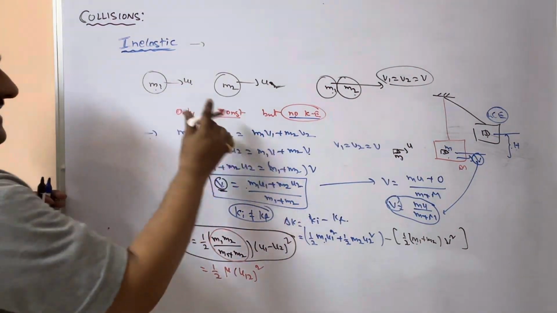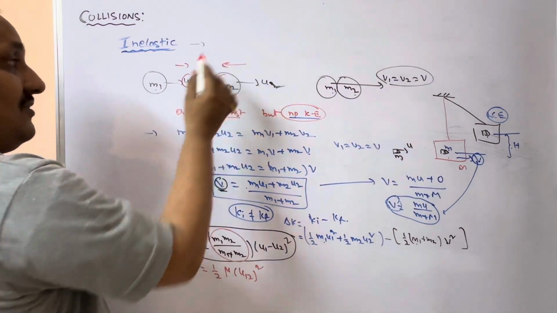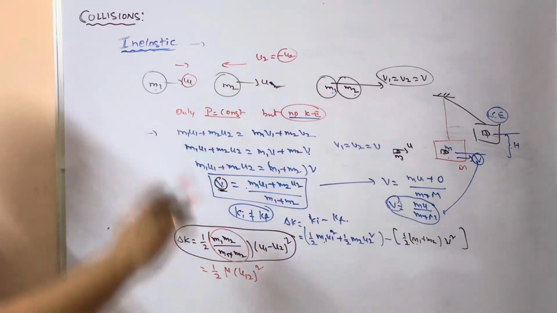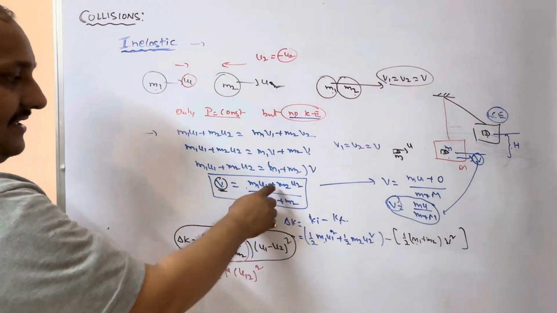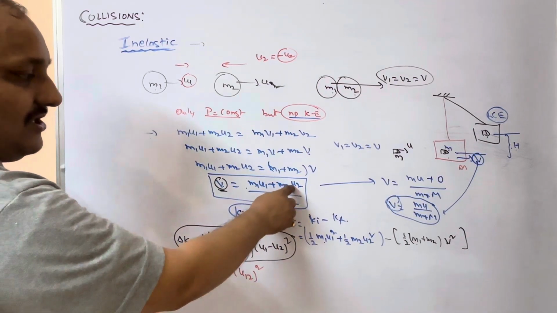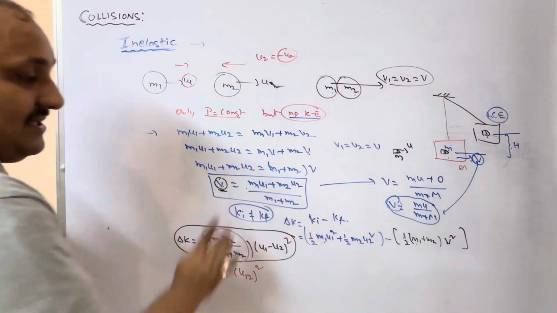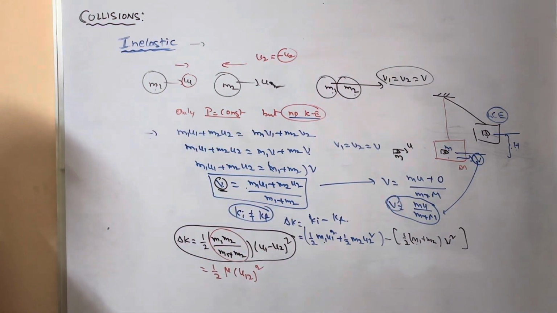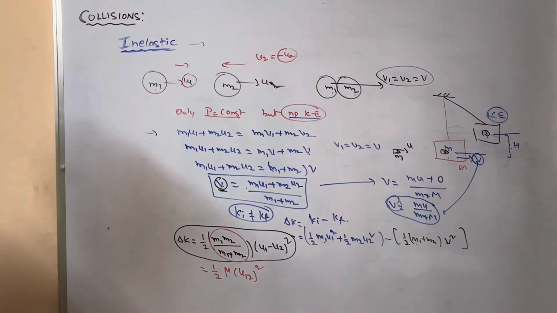In these cases, all the objects are moving towards the right. Let us assume this object is moving towards the left. Then for u2 we should take minus u2 because it is coming in the opposite direction. In the denominator, m1 plus m2 stays plus. In the previous elastic collision also it is the same, in the final velocity formulas we derived.